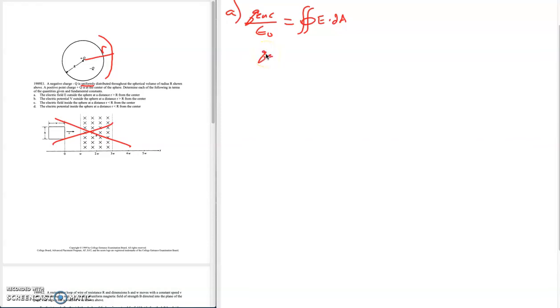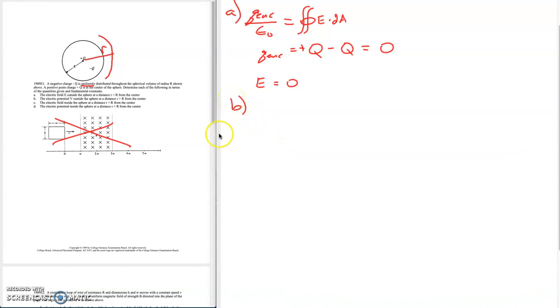And that means that the Q enclosed is going to be the plus Q at the center, and then we've now enclosed all of the minus Q from the volume there, and that will mean that the total enclosed charge is 0, and the result is that the electric field is also 0.